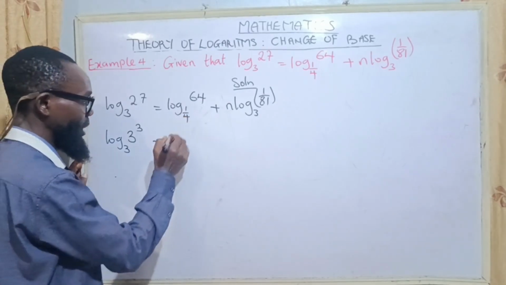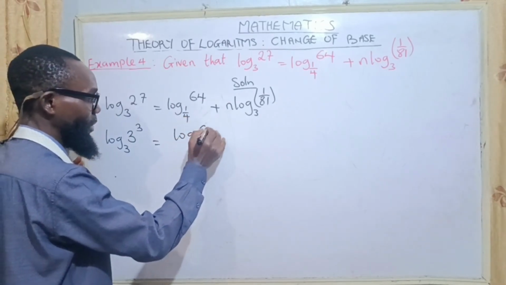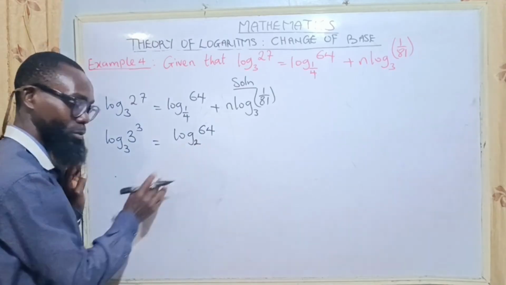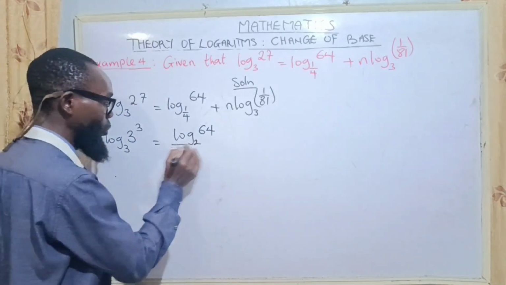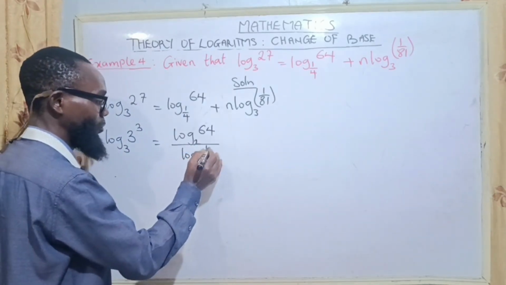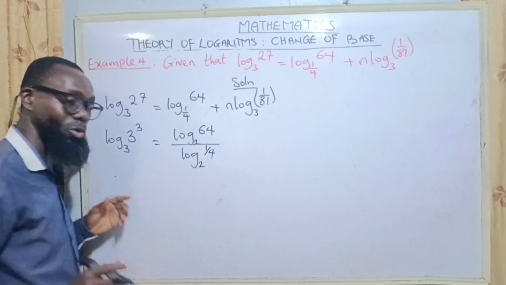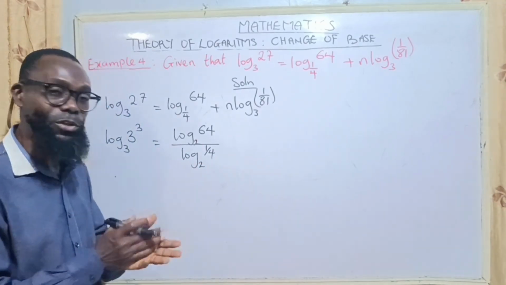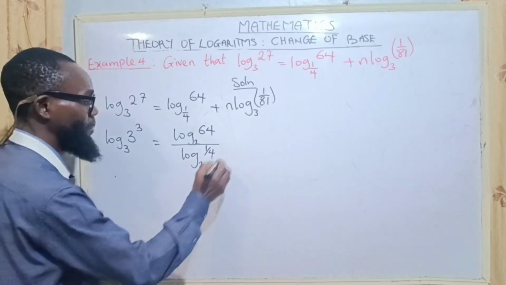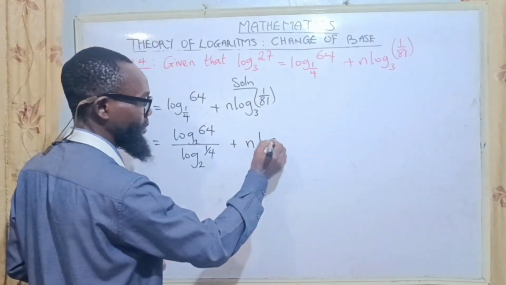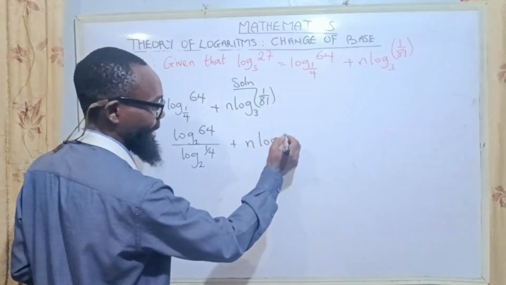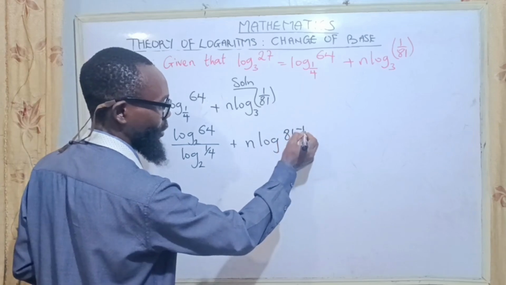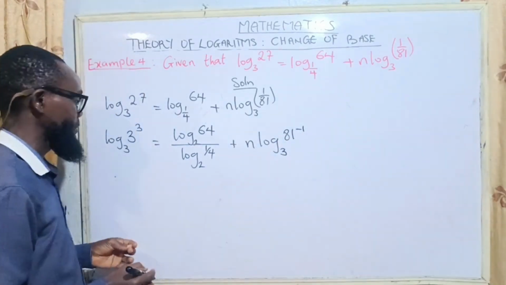Change of base, log 64, let me say base 2. I'm introducing base 2 over log 1 over 4 base 2. On your own case, you can introduce base 4 and look at it if it will work, okay? Plus n log 1 over 81, isn't that saying 81 raised to power minus 1 base 3.